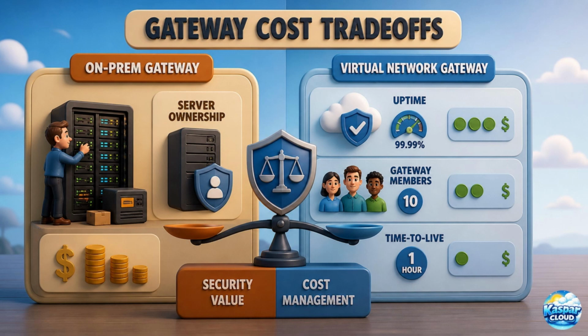Capacity usage can continue during configured time to live windows after workloads complete in order to support faster reuse and reduce startup latency. Because gateway consumption scales with gateway members and uptime duration, architects should carefully manage gateway scaling, TTL configuration, and workload scheduling to avoid unnecessary capacity consumption. Secure private connectivity through Virtual Network Data Gateway is particularly valuable for enterprise environments using private endpoints and isolated virtual networks.